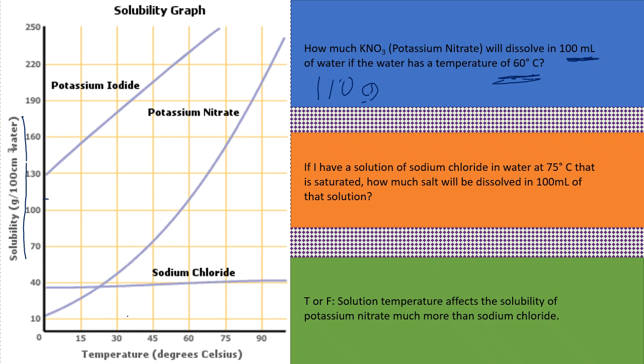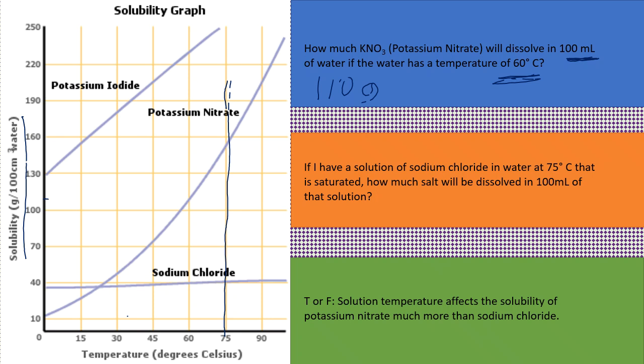So this is very much the same question. If I have a solution of sodium chloride in water at 75 degrees Celsius, so 75 degrees Celsius is this line here, that is saturated, how much salt will be dissolved in 100 milliliters of that solution?